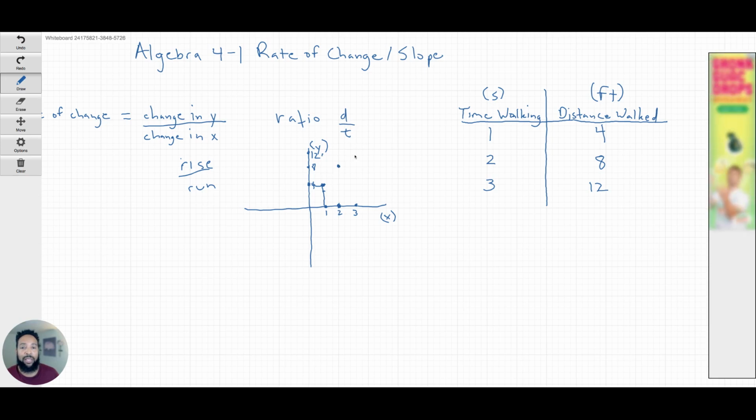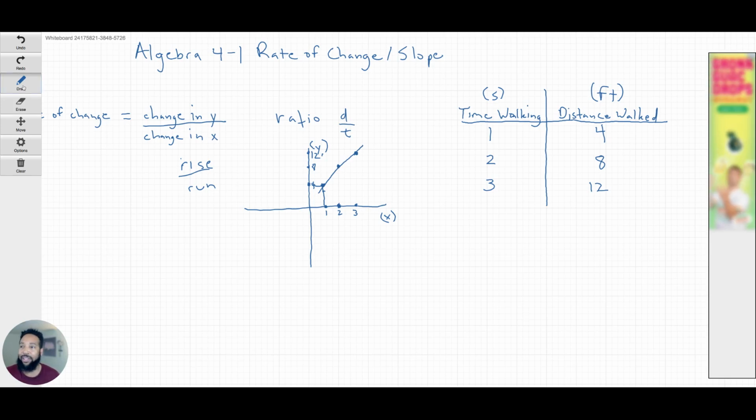And in 3 seconds, I went 12 feet. So here are the dots that are going to represent the equation of the line that you just took. So if I can do this here, freehand-it. Let's see if we could do this. There we go.